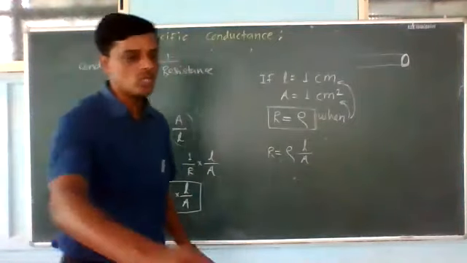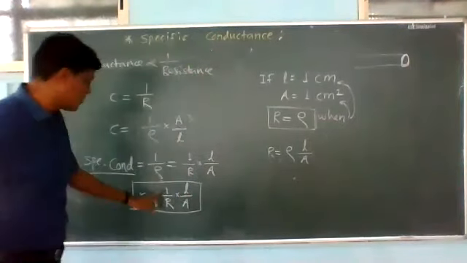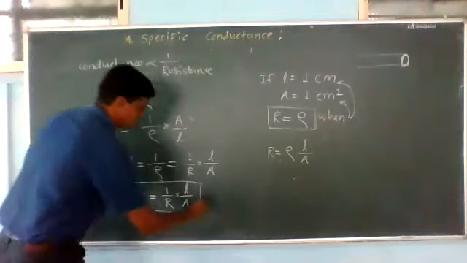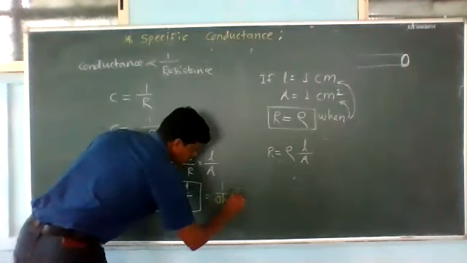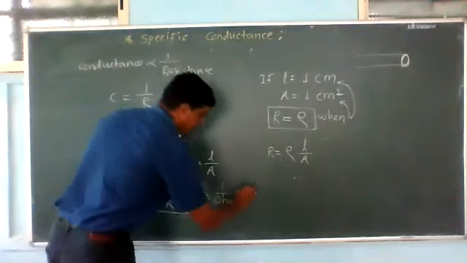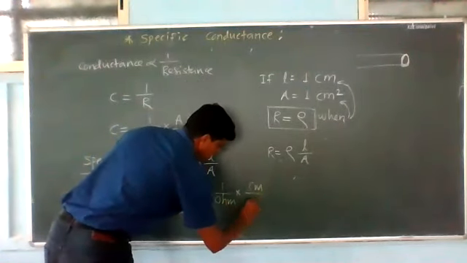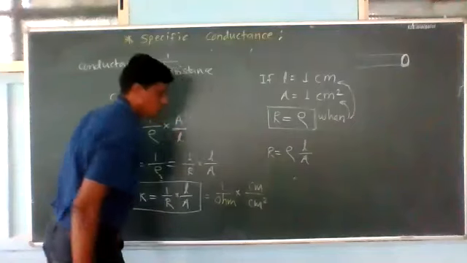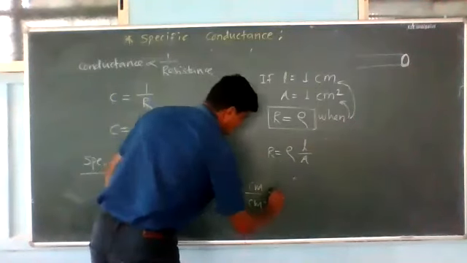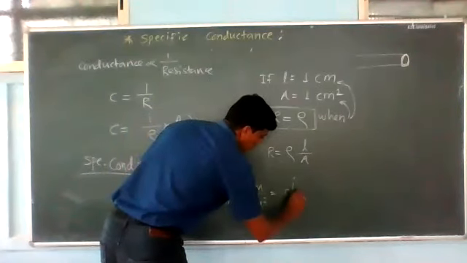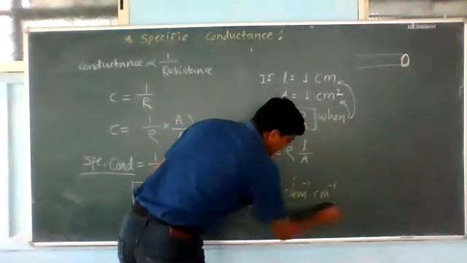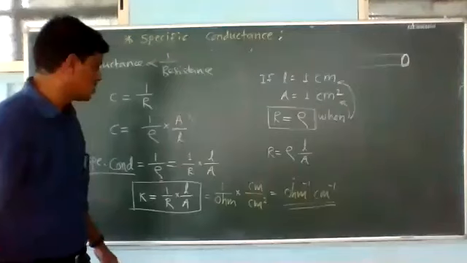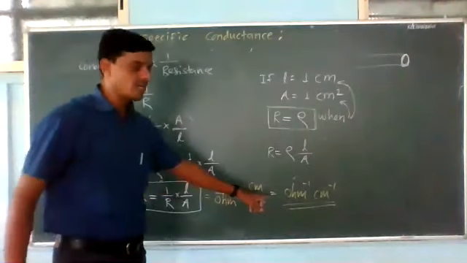And the unit of this specific conductance, obviously 1 upon R, that means 1 upon ohm into L centimeter and centimeter square, will be per ohm per centimeter. This is the unit of specific conductance.